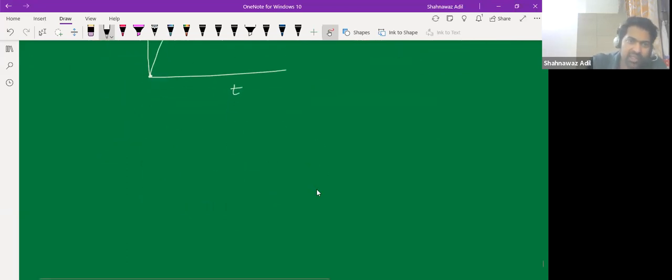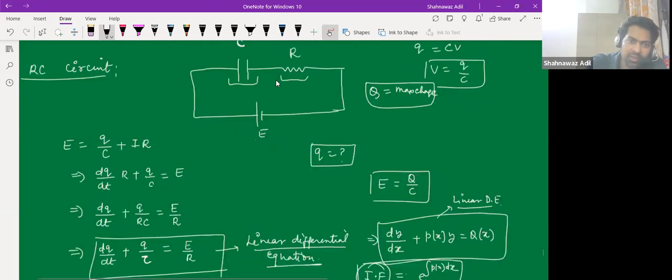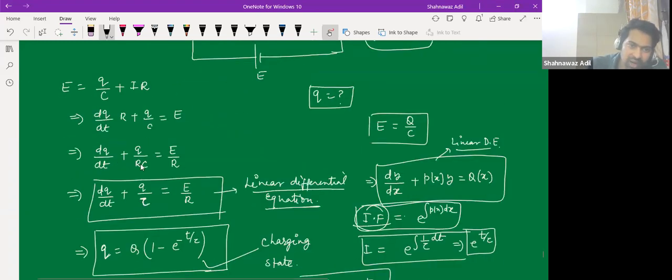And the current is dq by dt. So this would be d by dt of Q times 1 minus e to the power minus t by tau. I have already told you that tau is RC.